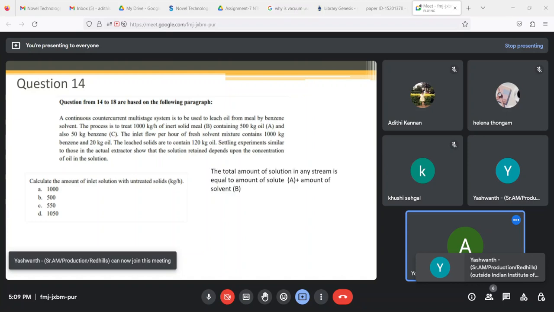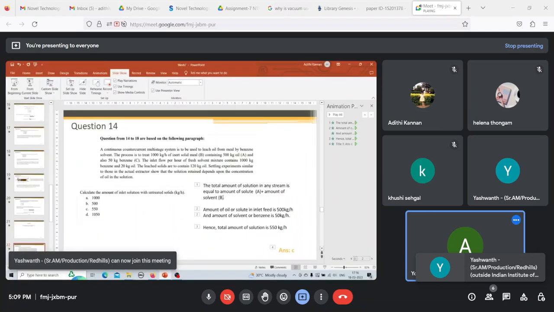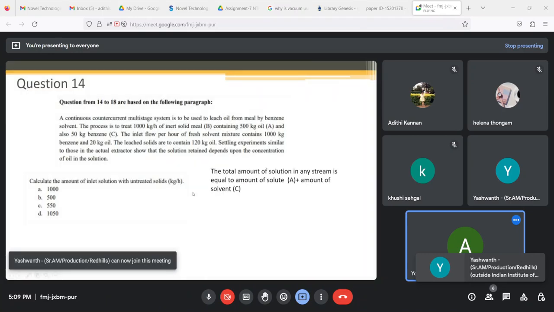Okay, so when you mean solution, it is always equal to the total amount of solute that is given as A here and the total amount of solvent that is given as C here. Sorry, this is C, not B. So the total amount of solution in any stream is equal to total amount of solute plus total amount of solvent.